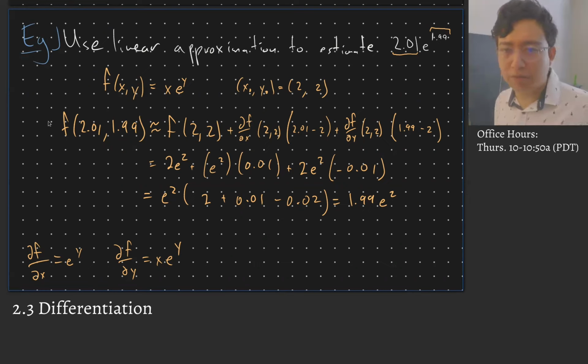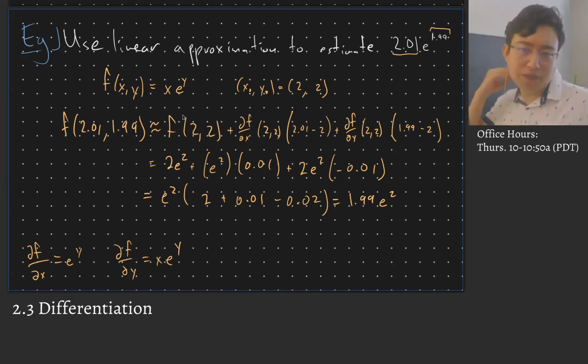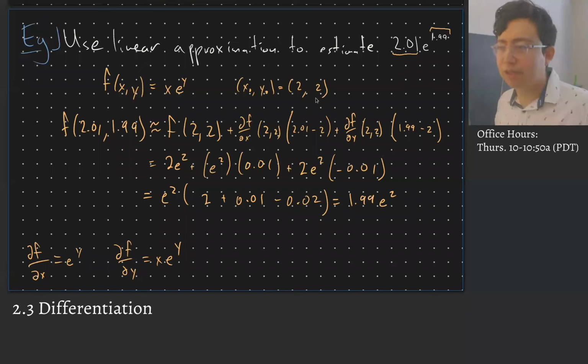Someone's asking, for x naught and y naught, must we assume the nearest number? Yeah, the whole point of this is that we're going to use nice numbers here. These are usually going to be close to some whole number for the problems we give you, because whole numbers tend to be nicer.